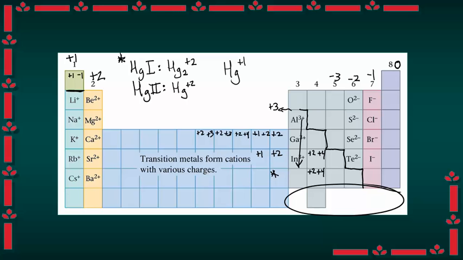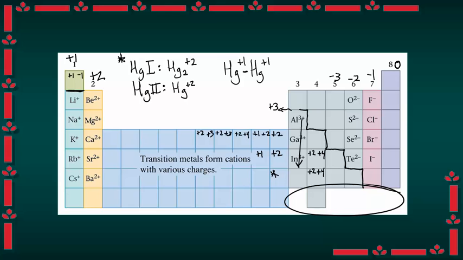But Mercury 1 is one of these people that can't stand to be alone. Mercury 1 will not be alone. So in nature, Mercury 1 always comes with a twin. I like to think of it as Siamese twins. They're interconnected.